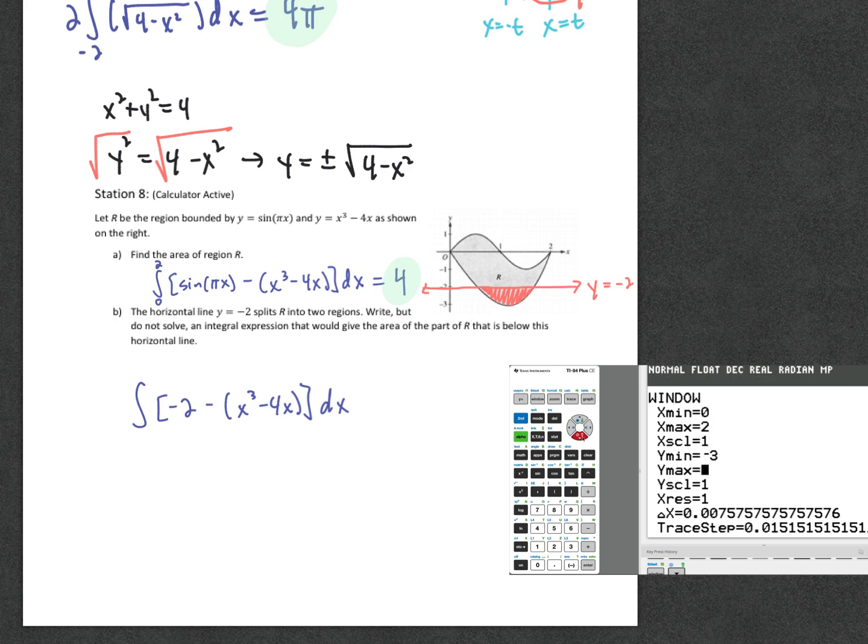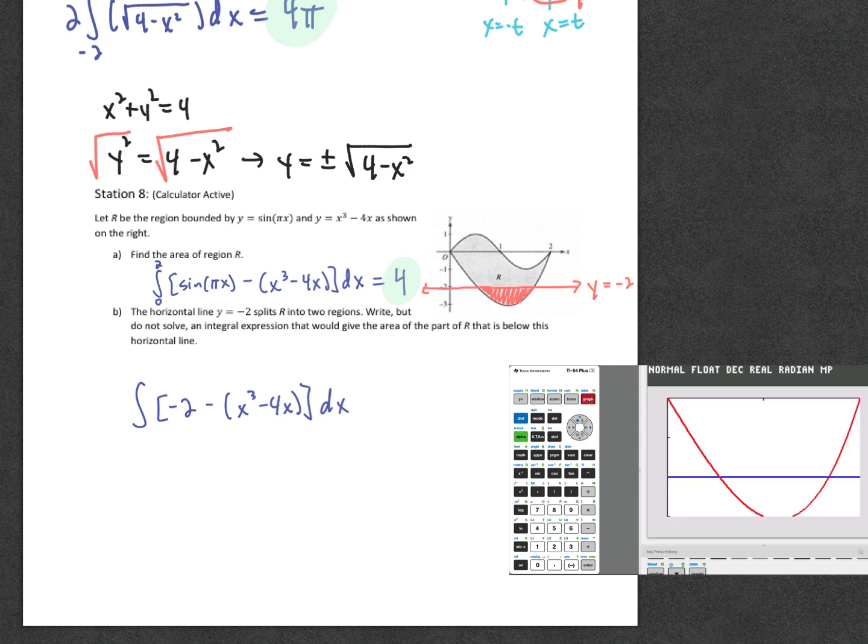So now do second trace, which is calc. Go to number 5. And then we'll just do this twice, get the cursor close to the one intersection, hit enter 3 times.